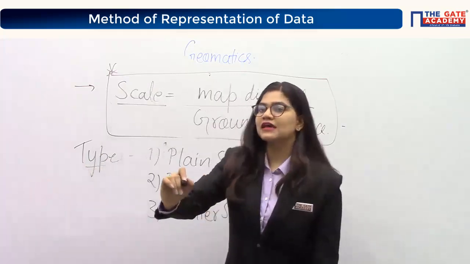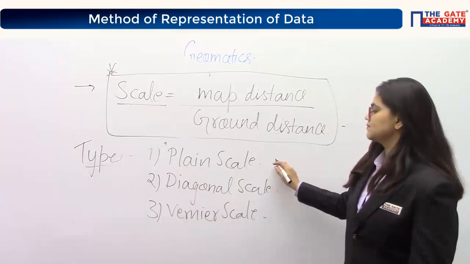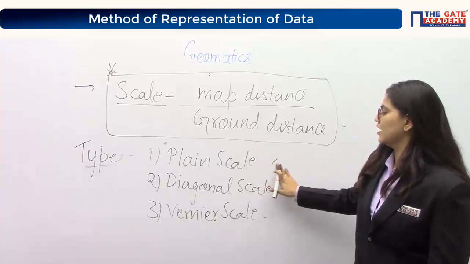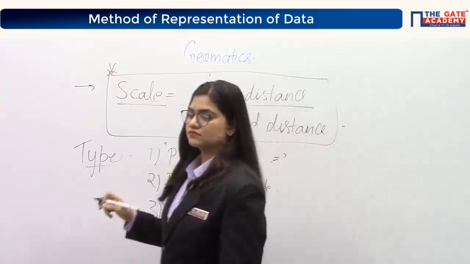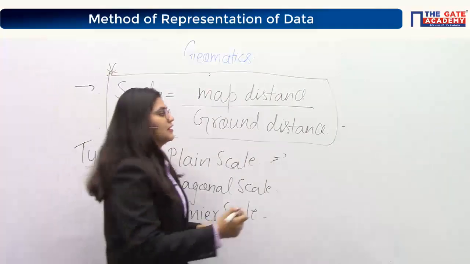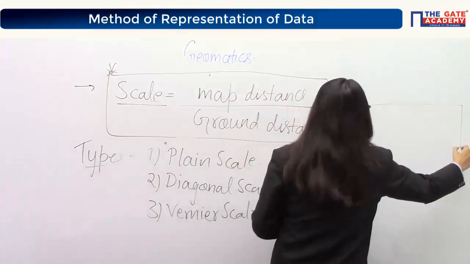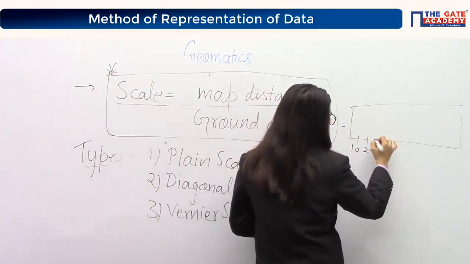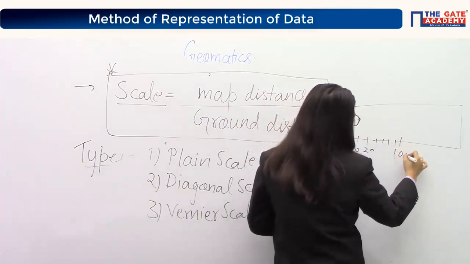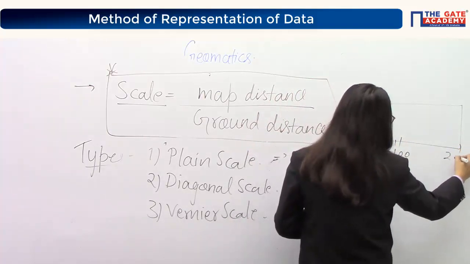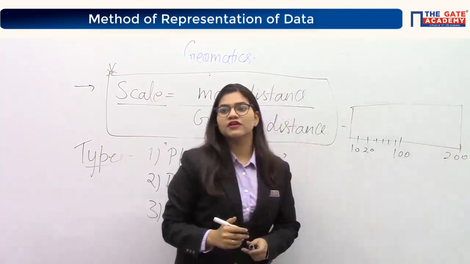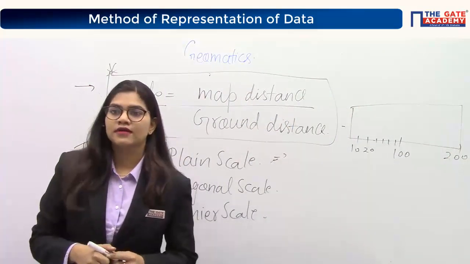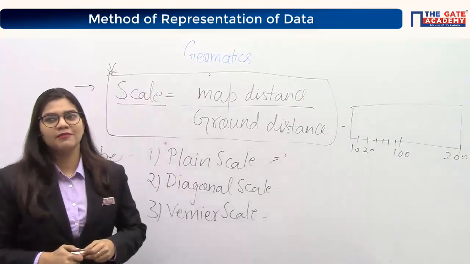So can you please tell me the least count of this plane scale? Plane scale is nothing, it's just this kind of scale. This will be your 10 meter, 20, 30. This is 100. This will be your 200. So what is the least count? No, it's not 1 mm.